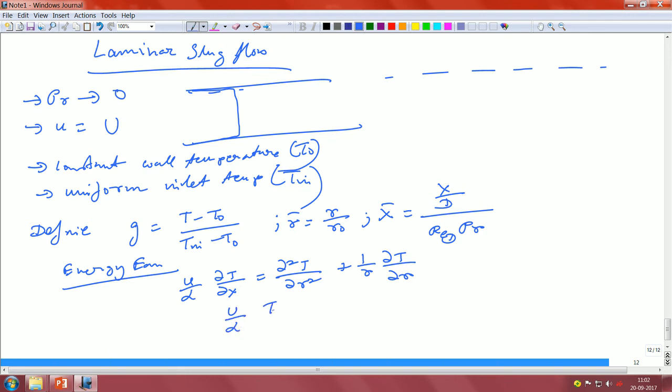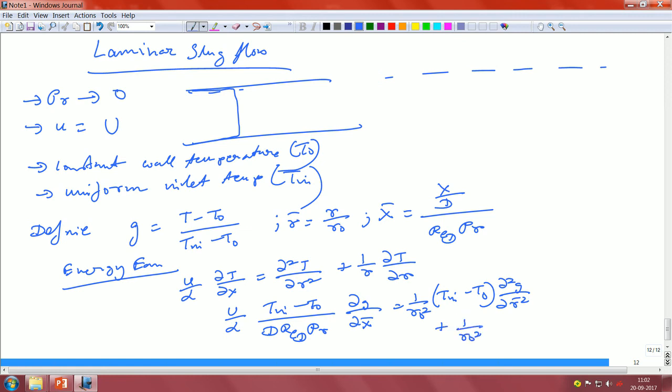So this becomes, right, that is the equation that you get.